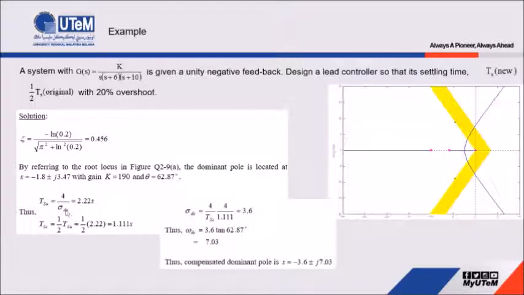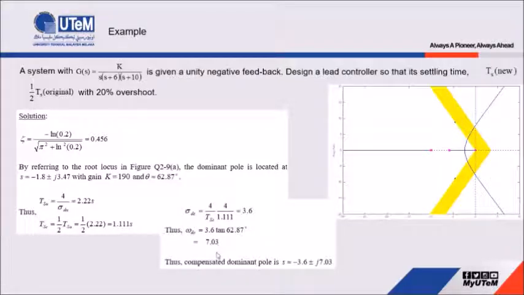From there, with the new value of Ts, we find the new sigma equal to 4 divided by 1.111, which is equal to 3.6. With the value of this new sigma and the value of theta 62.87, we can calculate the new omega d by using the Pythagorean theorem. After we calculate, we get the new omega d equal to 7.03.